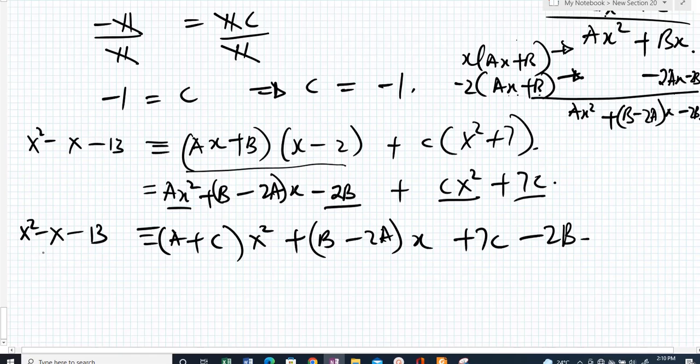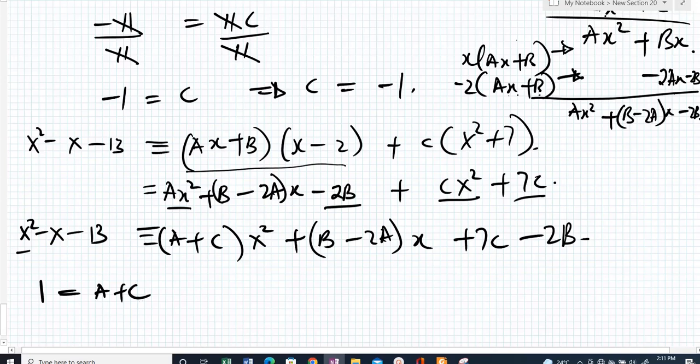So equating the coefficient of x squared on both sides. Here the coefficient of x squared is 1 on the left hand side, and on the right hand side, which is a plus c.